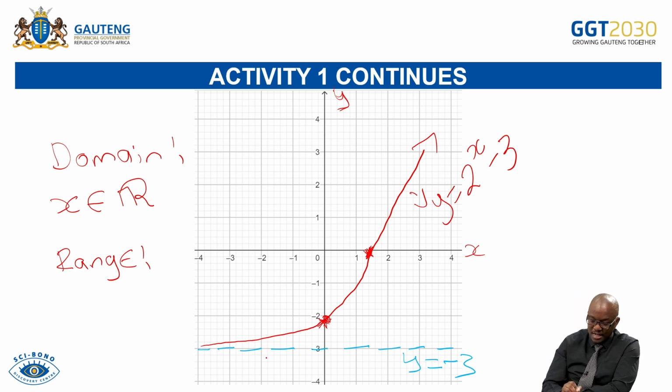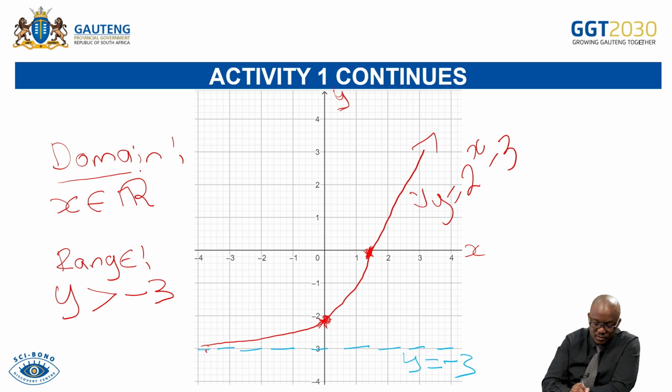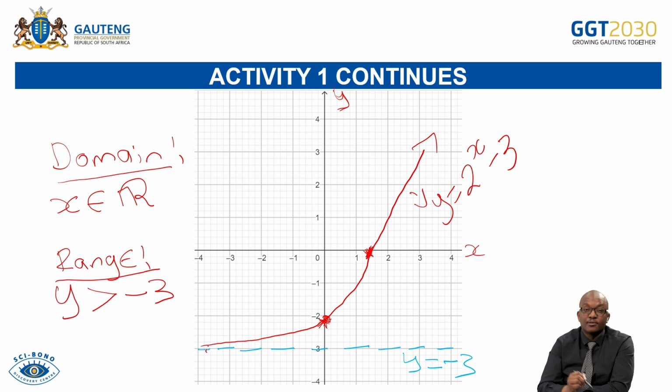Since we have our asymptote at -3, y is greater than -3, because the graph is defined when y is greater than -3. So that's how you get your domain and range, and how you sketch your function. I hope it's clear.